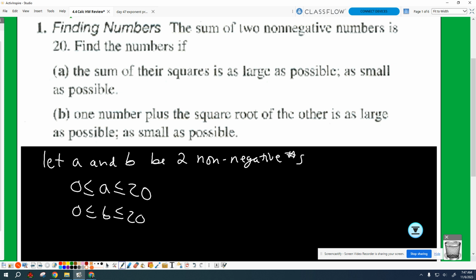Those two numbers, any named, need to be non-negative, and A plus B is equal to 20. Were you guys able to read that out of the constraints? Yeah. Okay.